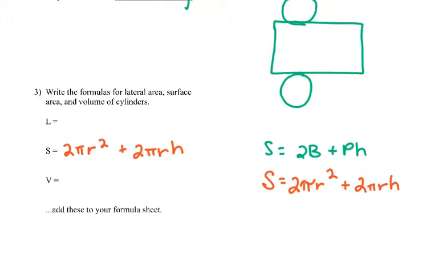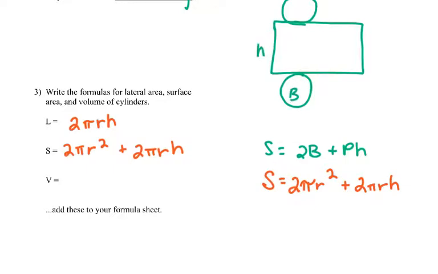Okay? If we want just the lateral area, we need to take those bases away. So that would be 2 pi r h. And if we want the volume, we need to take the area of the base, so that's pi r squared, times the height of our solid. I should label this. This is height, right?